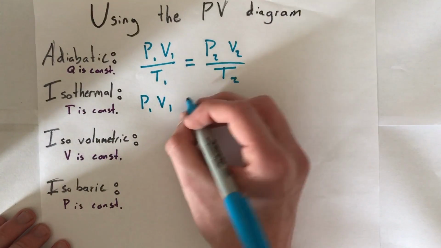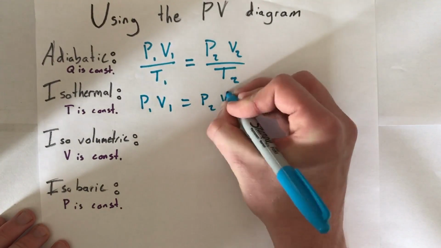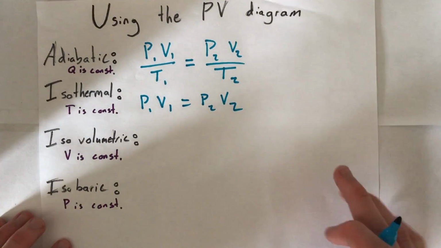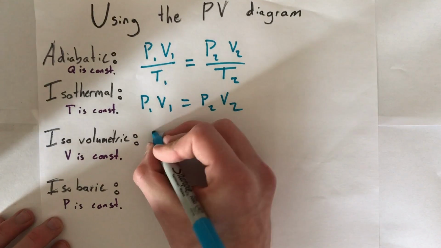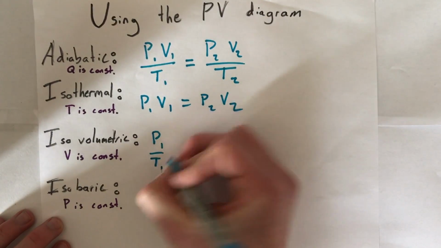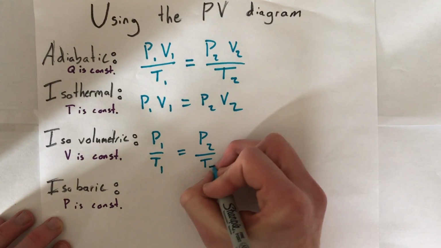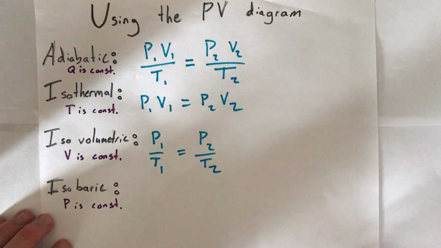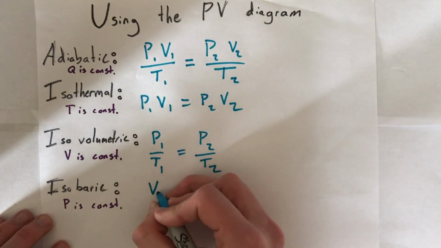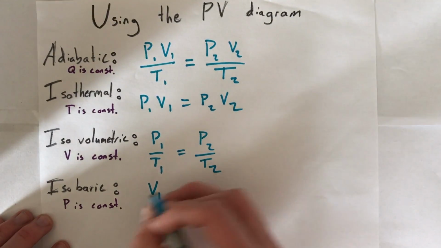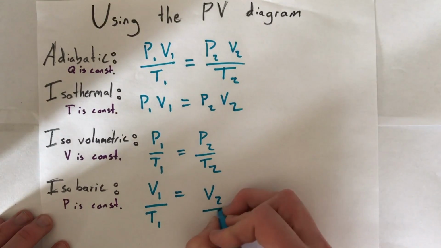Since temperature is constant, we know P1 V1 equals P2 V2. Isovolumetric is another pretty simple one. P1 over T1 equals P2 over T2. And then isobaric, continuing off this theme, will be V1 over T1 equals V2 over T2.